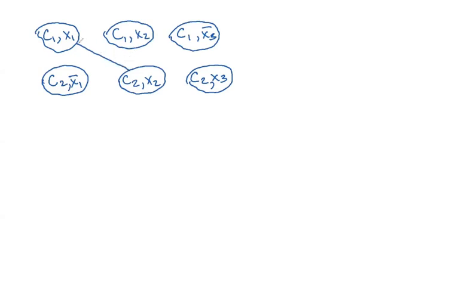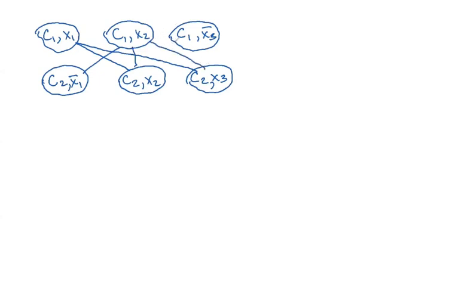These two are compatible, right? Because I could satisfy the first clause by setting x1 to true and the second clause by setting x2 to true at the same time. Then x2 has no conflicts with any nodes here.